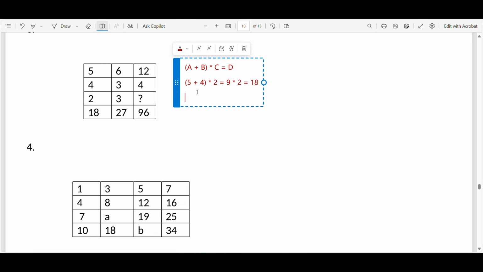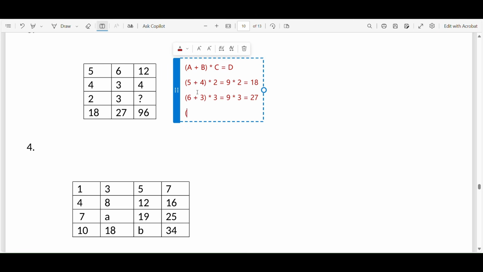And next row, 6 plus 3 into 3, what will give you this? 6 plus 3 is 9 and when you multiply it with 3 you are getting 27. It is also true, right?